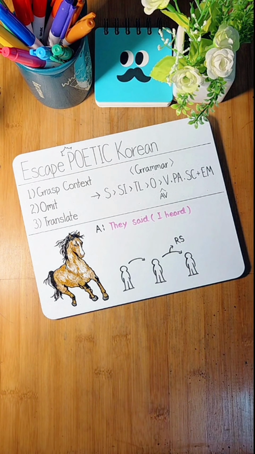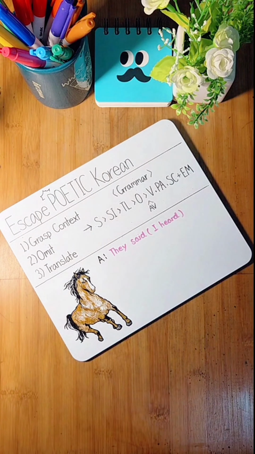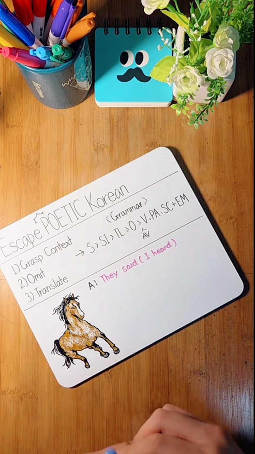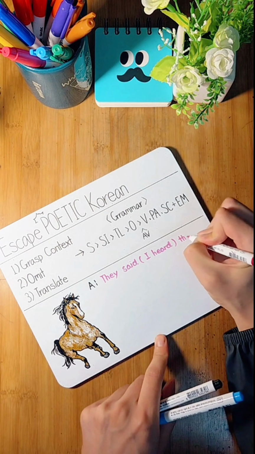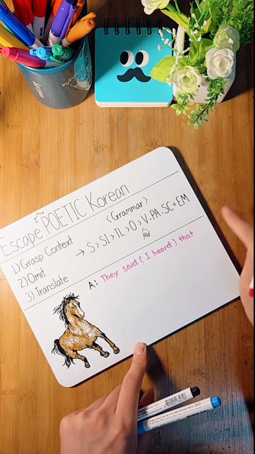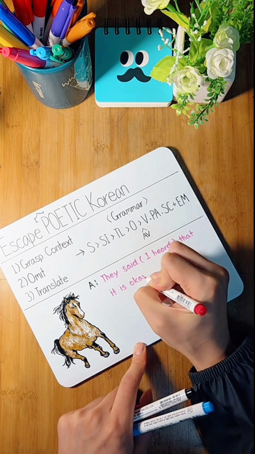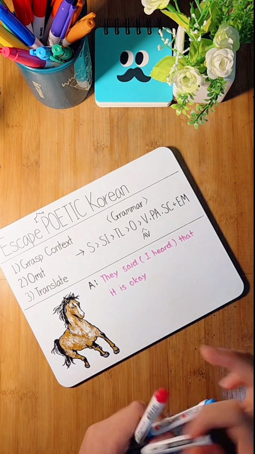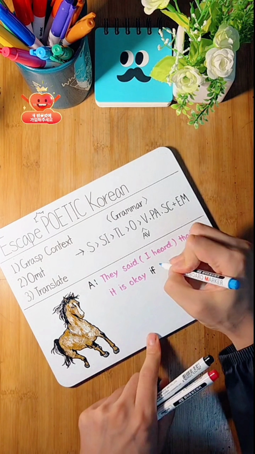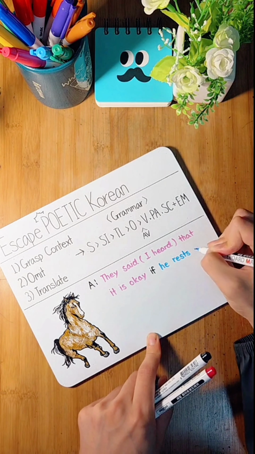Okay, so now reported speech is also a shapeshifter, and we're going to take a glimpse into how we will use it. They said, or I heard that it is okay, of course, the situation, it is okay if he rests enough.